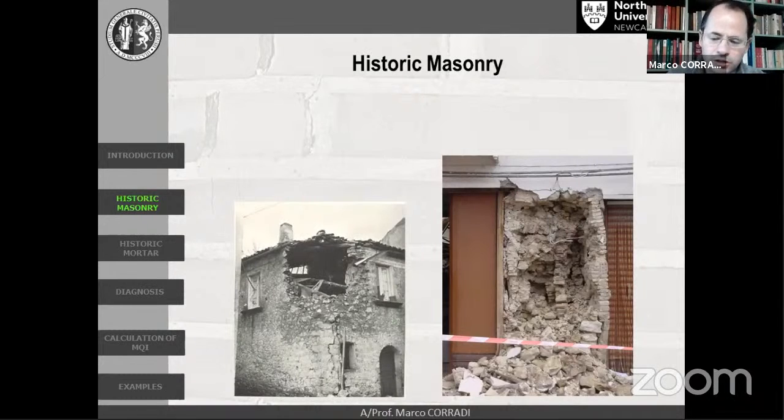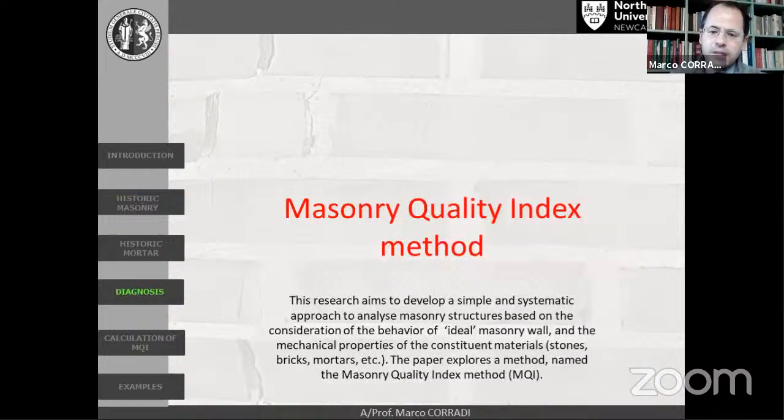This is unfortunately what can very often occur in historic masonry. So in order to do a structural assessment of masonry, about 10 years ago we started proposing a method that is a visual method to assess the mechanical properties of masonry.